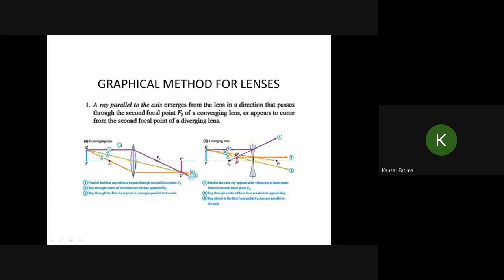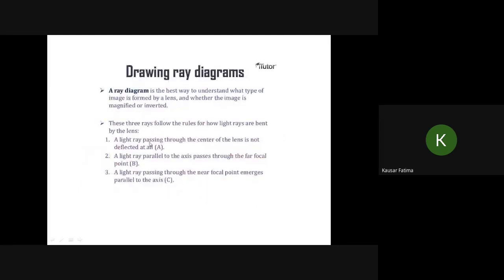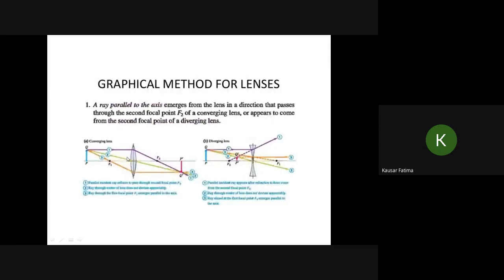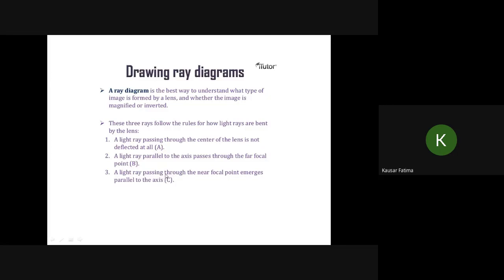And the ray which passes through the center of the lens does not deflect. This one, the ray which strikes the optical center, goes undeviated. The green color ray, the second ray, is going undeviated. Let's see what is written about the third one. A ray of light passing through the near focal point emerges parallel to the principal axis.